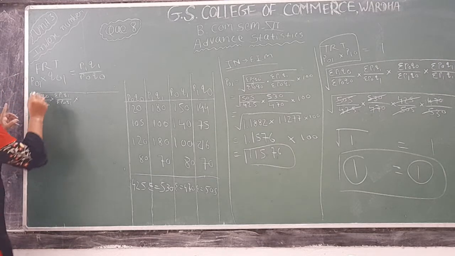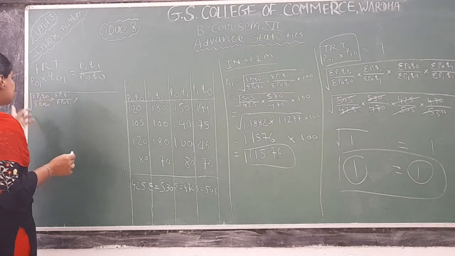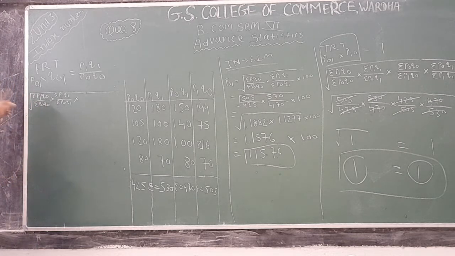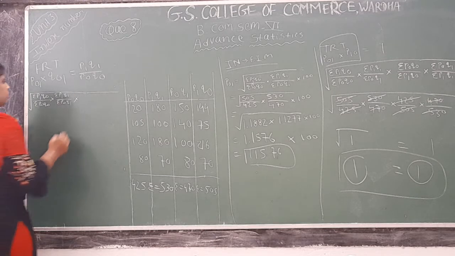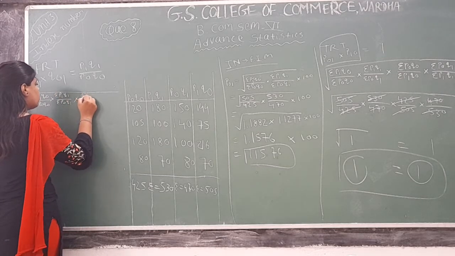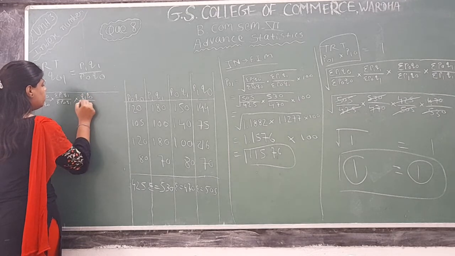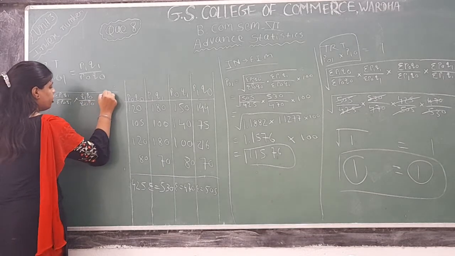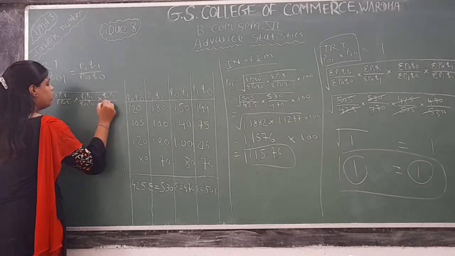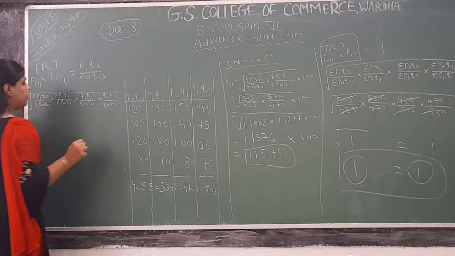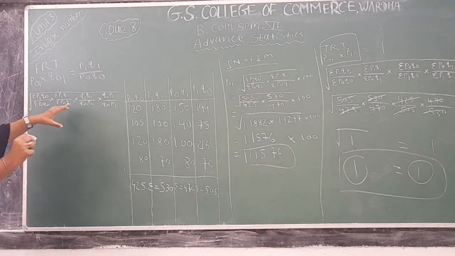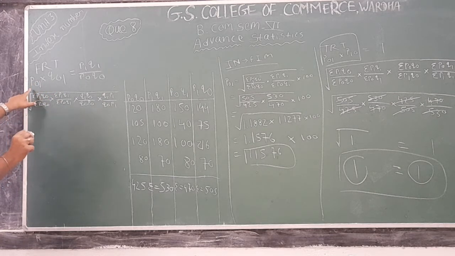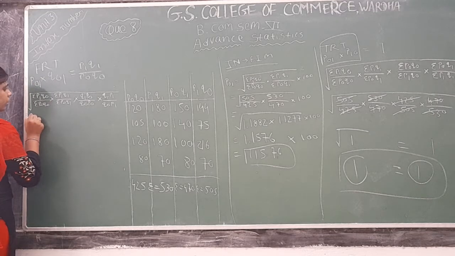We just reverse the factors: instead of P we write Q, and instead of Q we write P, and everything else remains the same. So Q01 is equal to the square root of Q1 P0 upon Q0 P0, into Q1 P1 upon Q0 P1. This way we have written the formula to compute P01 into Q01. Now we have to put in the values.